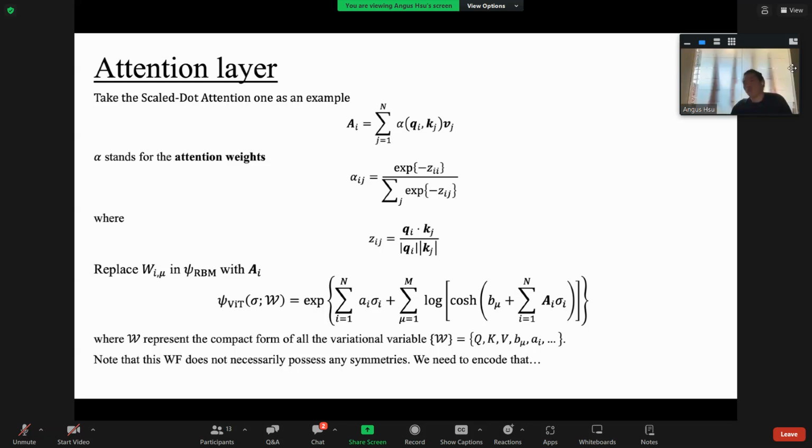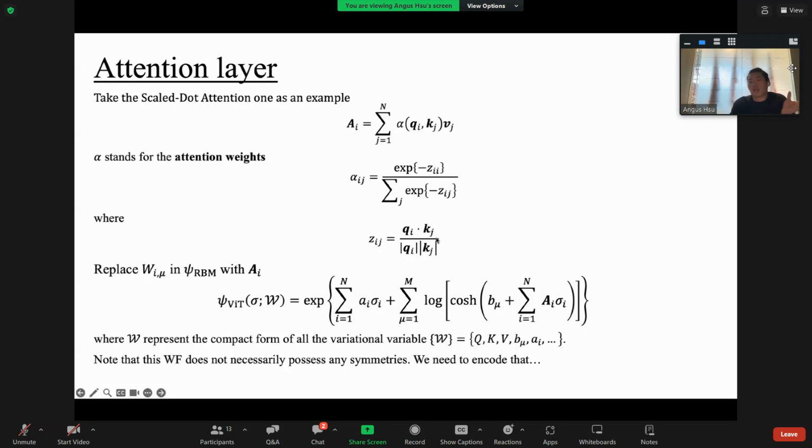This is the easiest form of attention, and it has this form. Alpha is the attention weight, and the attention weight is an exponential of minus c. This is like a Boltzmann weight, or in machine learning language we call it softmax.